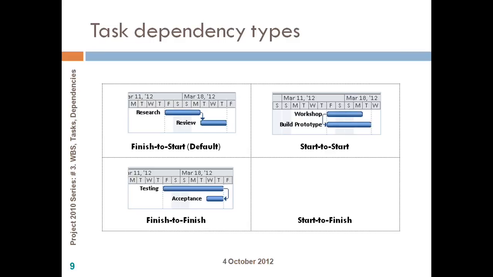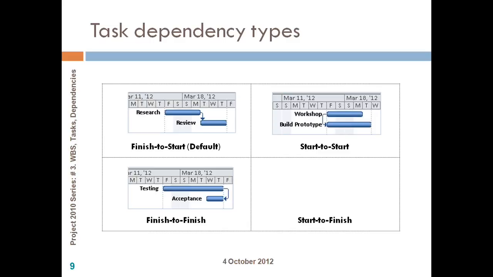And the last one might look a bit peculiar. It is called start to finish. But generally, if you look at the first three dependencies, you can see your predecessor is before in time and your successor is after in time. So for predecessor we generally say previous and for successor we say next. But the true definition of a predecessor is any activity that drives other activities. If you look at start to start, both these activities are parallel activities.